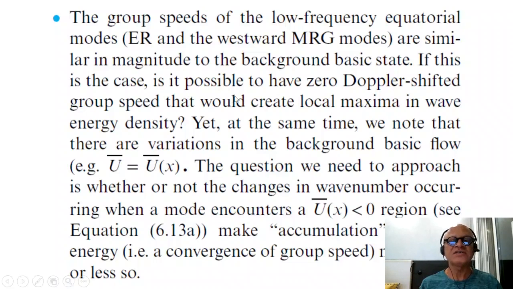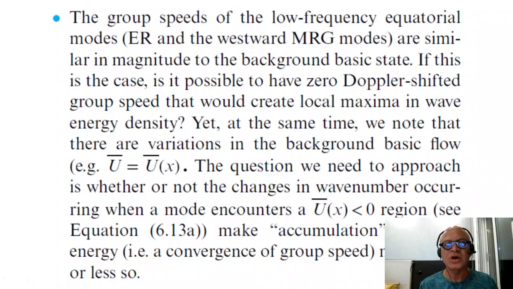If this is the case, we have to worry about whether zero Doppler shifted group speed would create local maxima in wave energy density. So you get, let's say, some kind of a standing mode where the wave is advecting energy into that region and building it up. But at the same time, there are variations in the background basic flow.